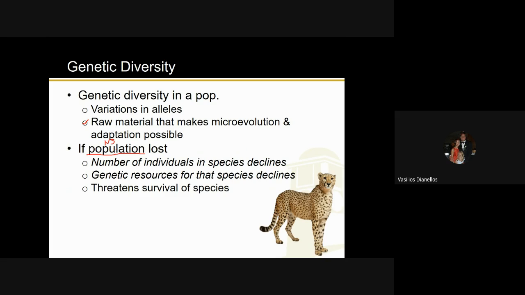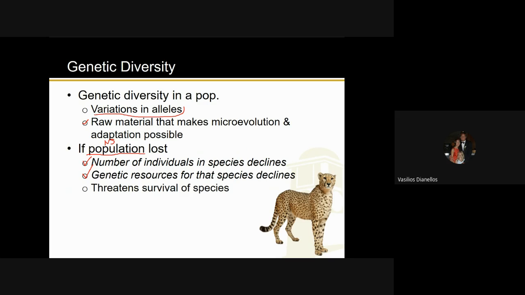But anyway, if a population is lost, obviously, the number of individuals in that species declines. That's obvious, right? If you lost a whole population, you're going to lose just straight up numbers. But also importantly, you lose genetic resources for that species because, again, using the squirrels as an example, you could probably look at their gene pool, at their variations in alleles, and tell that they're related, right?